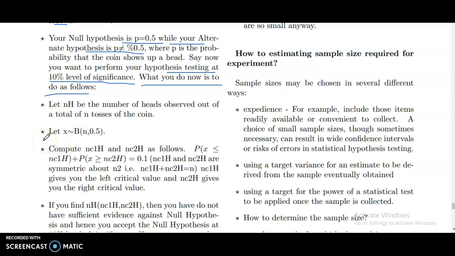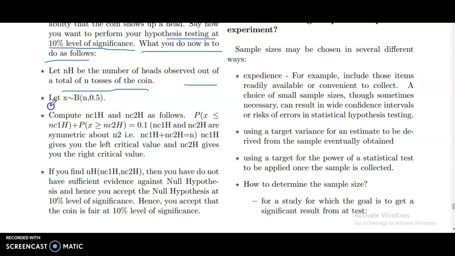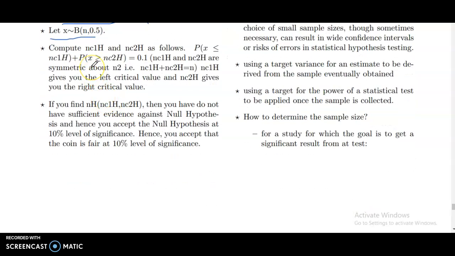Let NH be the number of heads observed out of a total number of N tosses of the coin. Let X be distributed as B(N, 0.5). Compute NC1H and NC2H as follows.